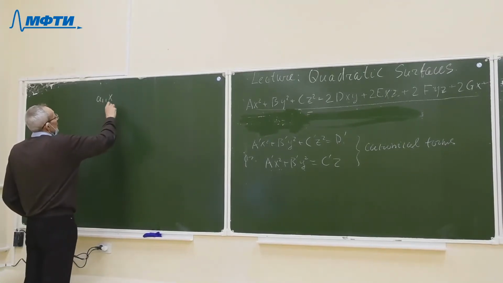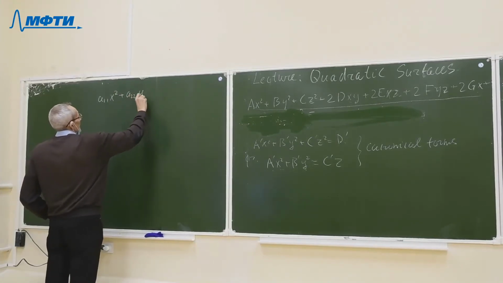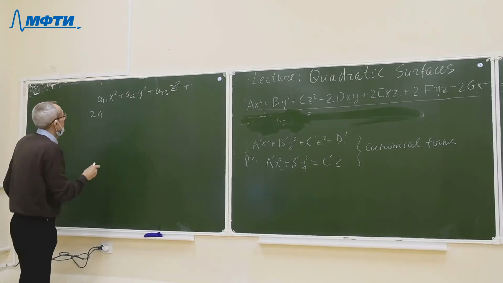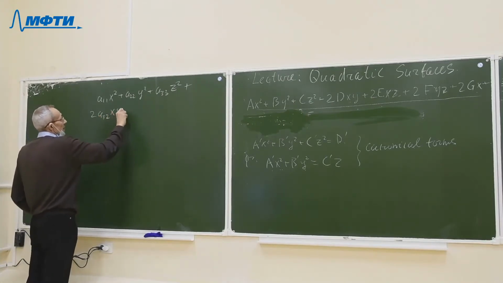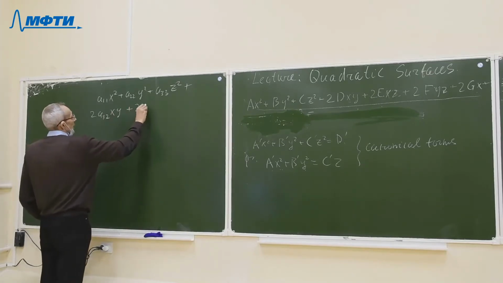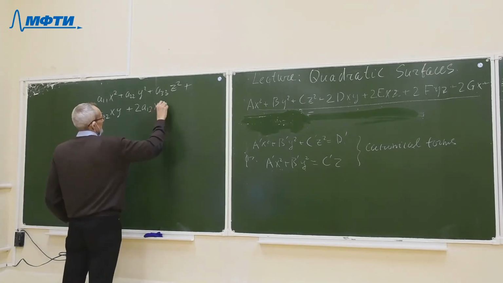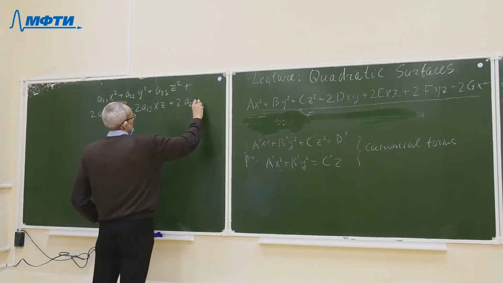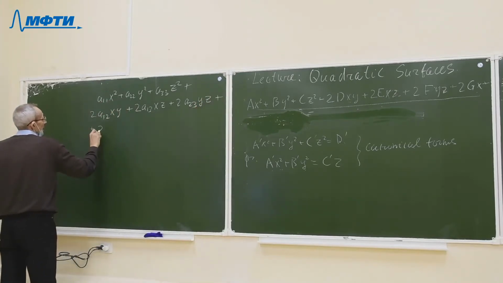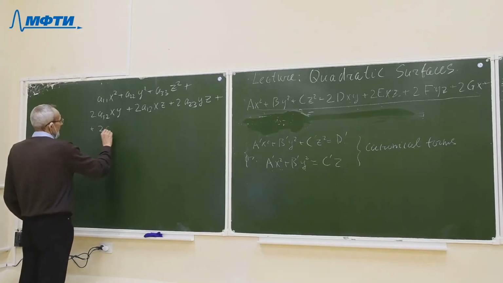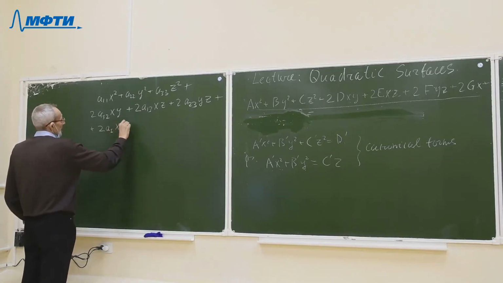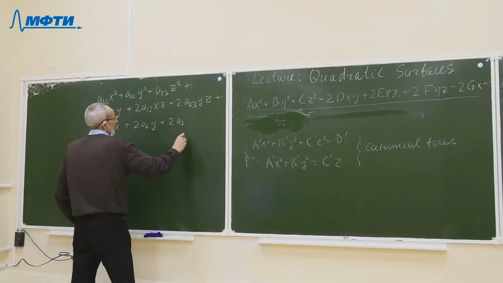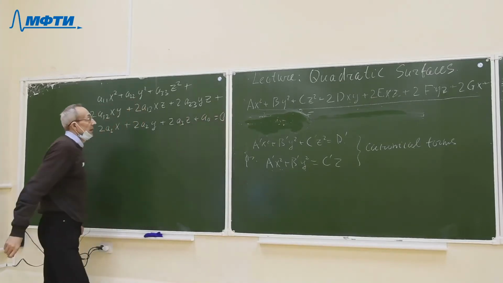For example, a11 times x squared plus a22 times y squared plus a33 times z squared plus 2a12 xy plus 2a13 times xz plus 2 times a23 times yz plus 2a1 times x plus 2a2 times y plus 2a3 times z plus a0 is equal 0.